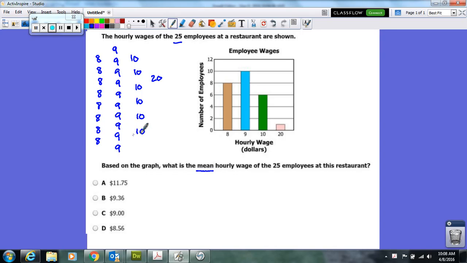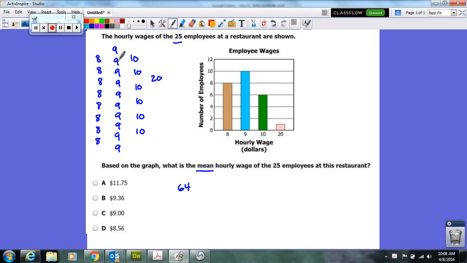This is their hourly wage, and my job is to find the mean hourly wage of all these wages. So I'm going to add up all of these numbers, and then divide by how many numbers there were. Since there are 25 employees, there must be 25 numbers. So I'm going to get out my calculator. I have 8 times 8, which is 64.